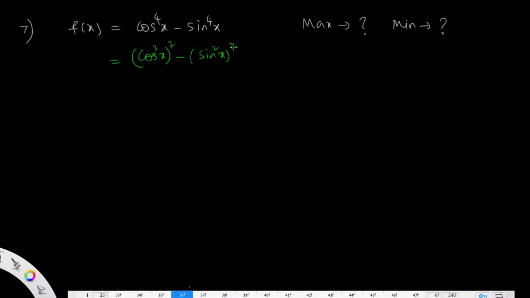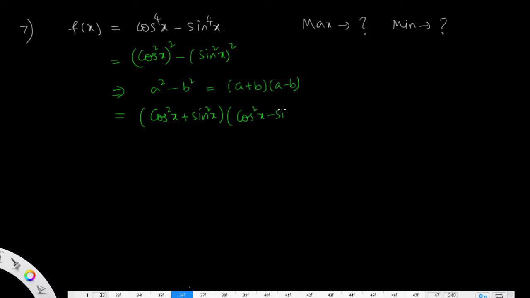If it is not in the standard form, you have to simplify the value, then you can get an idea. Now it is in the form of a square minus b square, which is a plus b into a minus b. So we can write this as cos square x plus sin square x into cos square x minus sin square x.